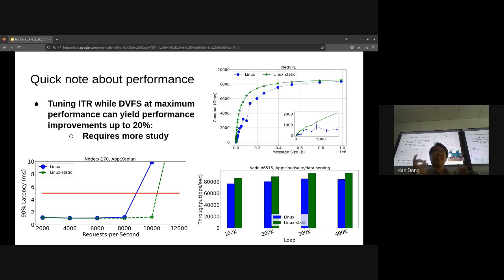Obviously, this was still a sniff test that we did to explore the space more, but it definitely requires more study. The implication here could be that we don't really know when someone deploys Linux or who uses the devices, whether they are actually using the interrupt delay mechanism in a proper way. And what we show is that you might get performance boosts from doing this too.